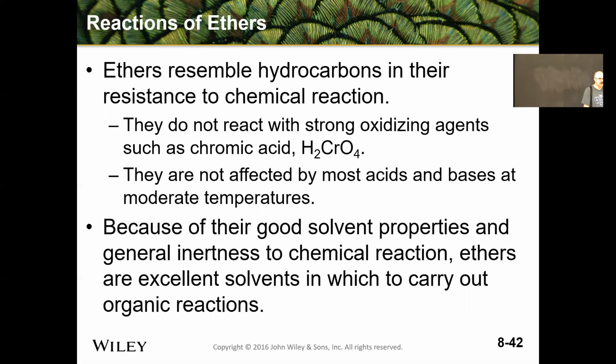Okay, because of their good solvent properties and general inertness to chemical reactions, ethers are excellent solvents in which to carry out organic reactions. Okay, as I mentioned just a few minutes ago, they are extremely flammable. Okay, so they can react with oxygen in the presence of a heat or a spark.